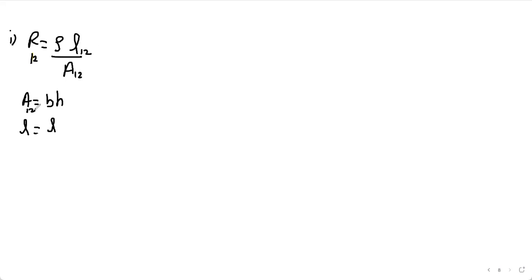So A12 is BH, L12 is L, and substituting, resistance will be rho L over BH.